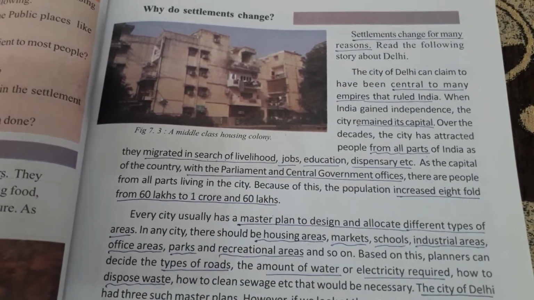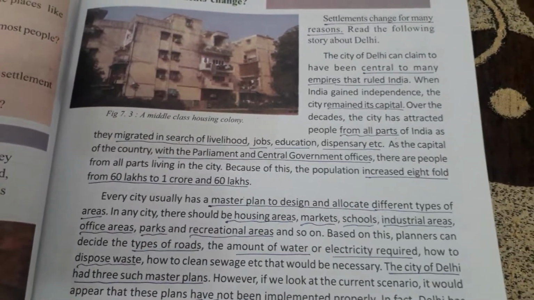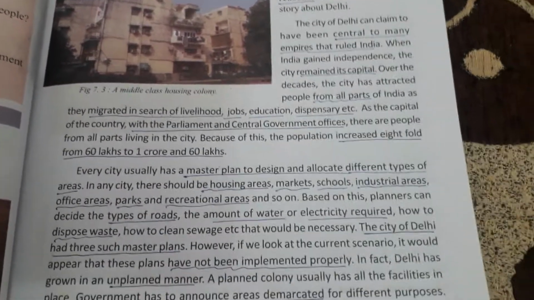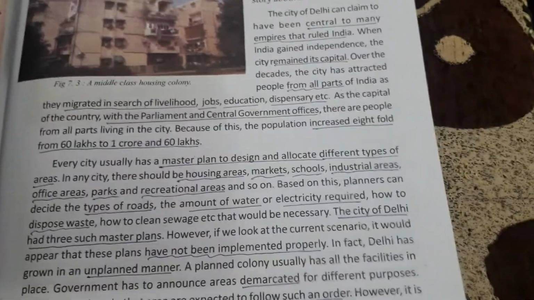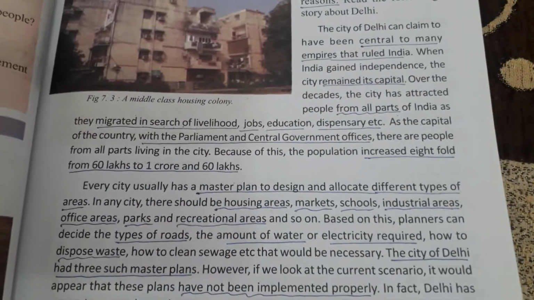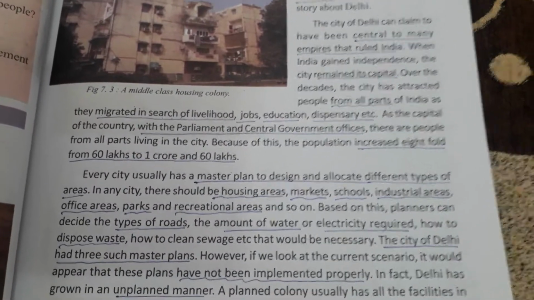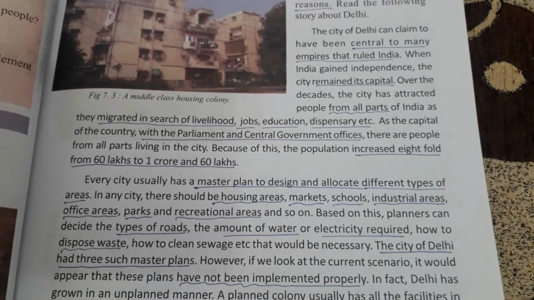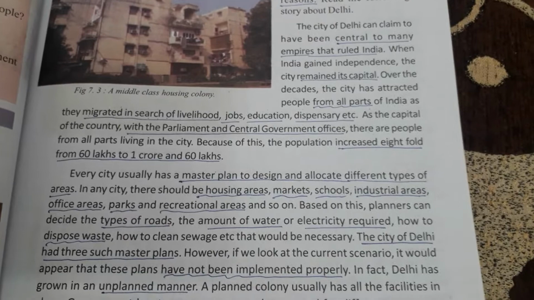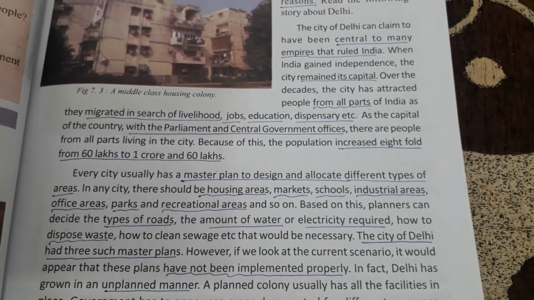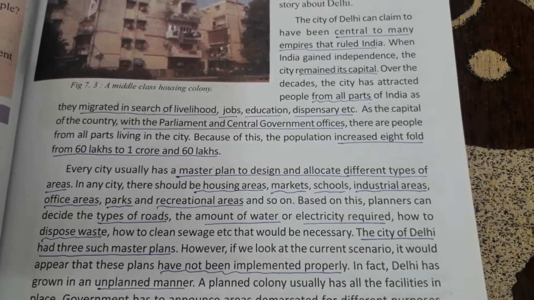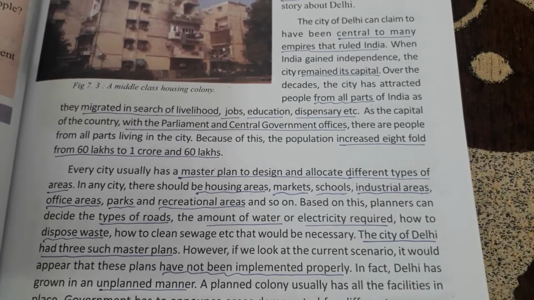Okay, so every city usually has a master plan to design and allocate different types of areas. So in every master plan, we will provide different places for different purposes like housing areas, markets, schools, industrial areas, office areas, parks, and recreational areas. So based on these plans, the city may grow.